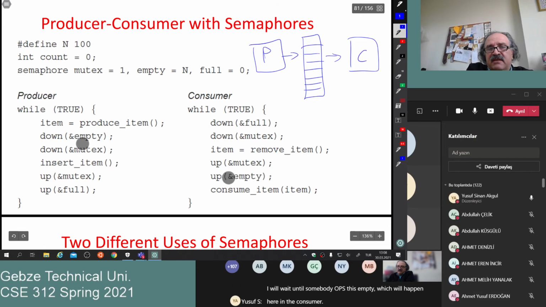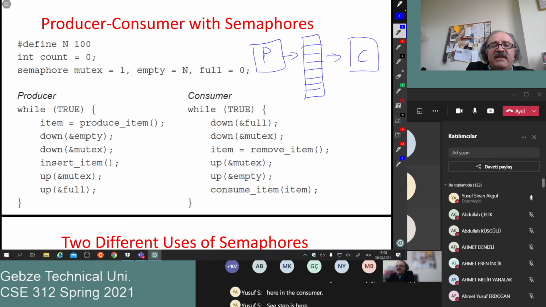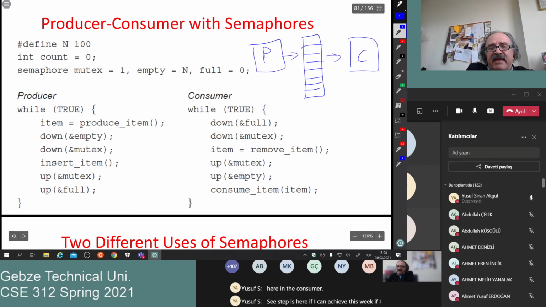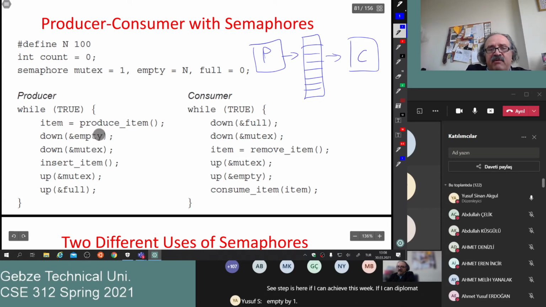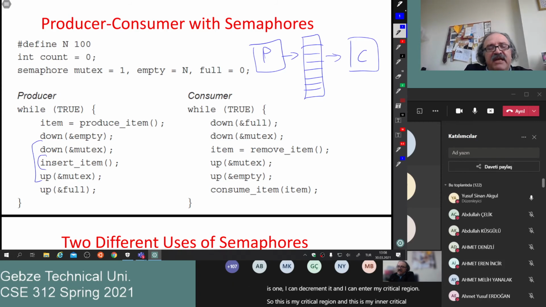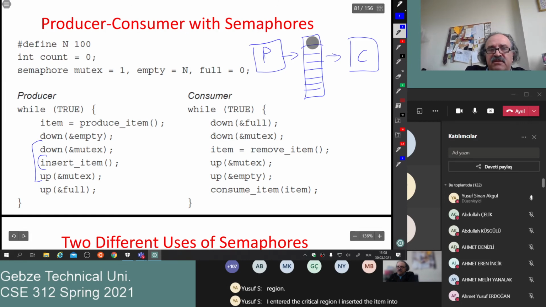See? It happens here. If I can decrement empty by 1, I will down the mutex, mutual exclusion stuff. So if mutex is 1, I can decrement it, and I can enter my critical region. So this is my critical region. I entered the critical region. I inserted the item into the buffer.